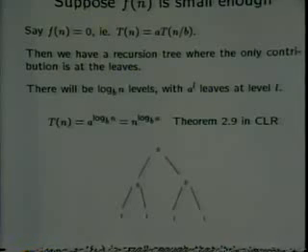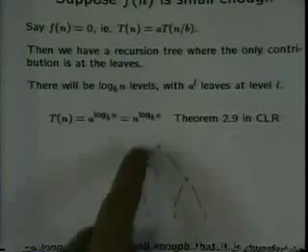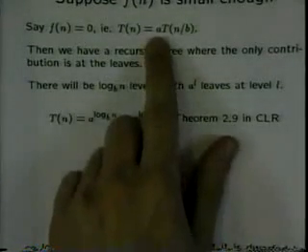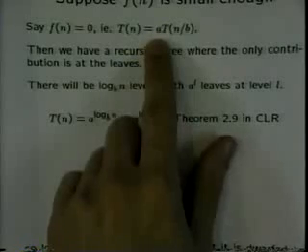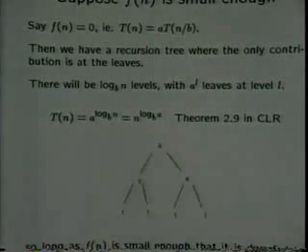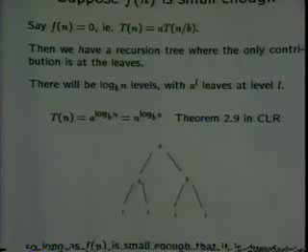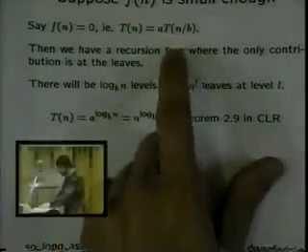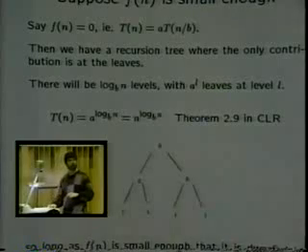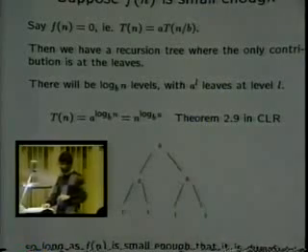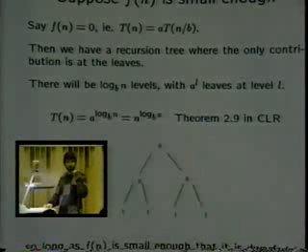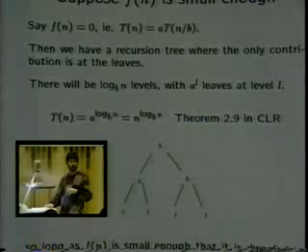So let's look at our recurrence tree. The degree of our split in the recursion tree is going to be a. The amount of stuff that we have left is going to be n over b in each level. The amount of stuff is getting divided by b each time.